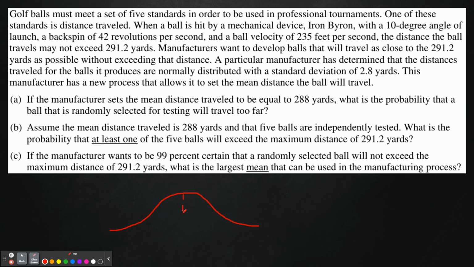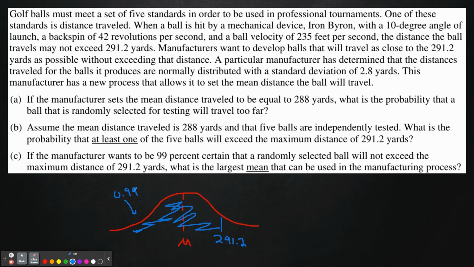We do not know the mean anymore, so this is what we're going to be looking for, this mu right here. The problem tells us that at 291.2, the manufacturer wants the area to the left of it, this area here in blue, to be 99% or 0.99.